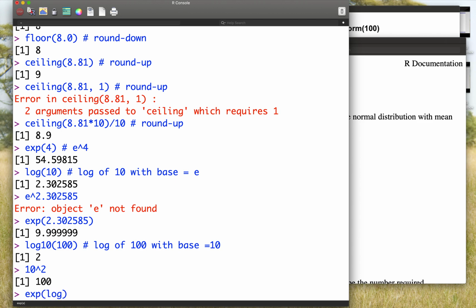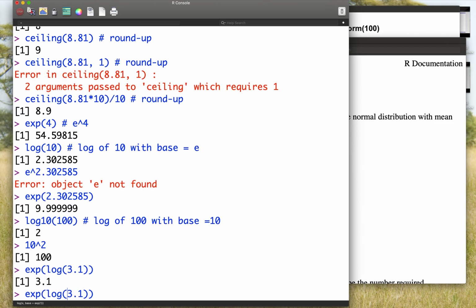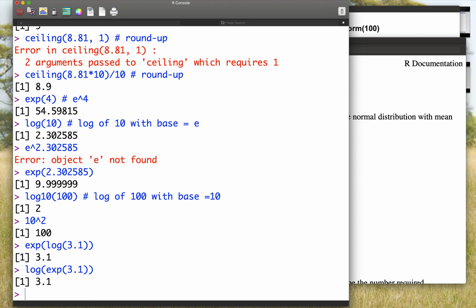Exponential and log are inverse functions of each other, so for any number, exponential of log is the original number, and log of exponential is the same. So you can type more complicated formulas by combining these.